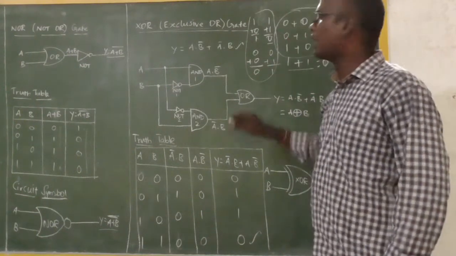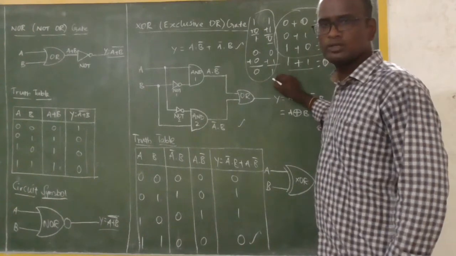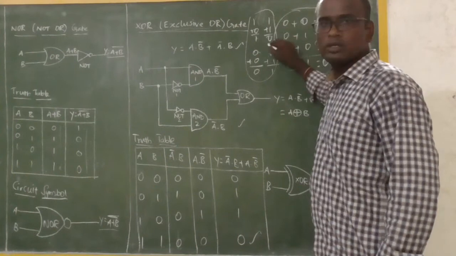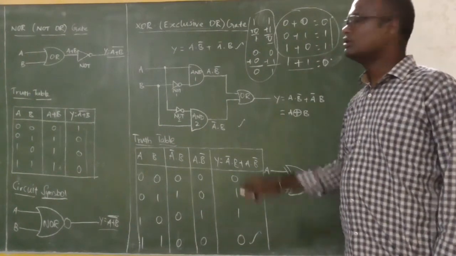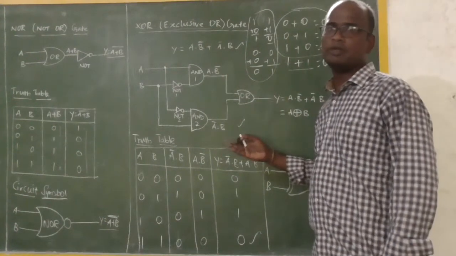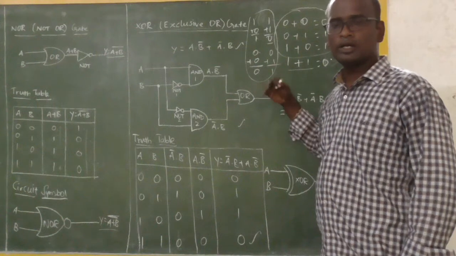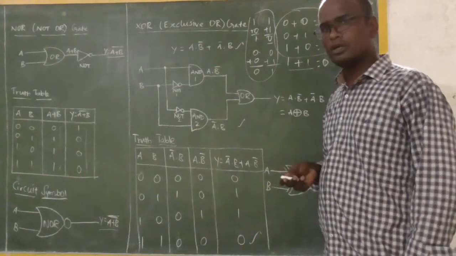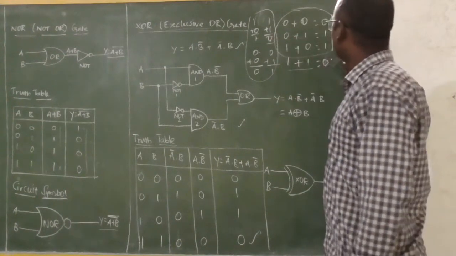That means 0 plus 0 is equal to 0, 0 plus 1 is equal to 1, 1 plus 0 is equal to 1, and 1 plus 1 is equal to 0. So the XOR gate will produce the addition rules, but the OR gate will not produce the exact addition rules. It can produce up to three results, but the fourth result will differ.